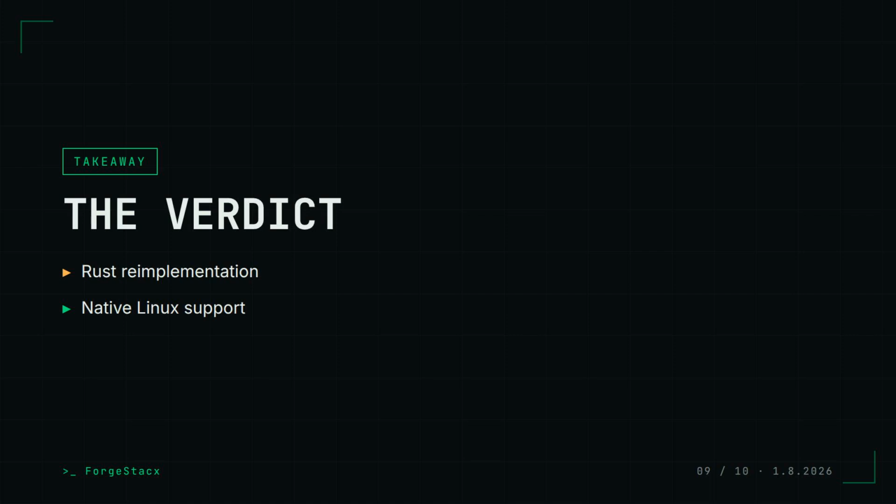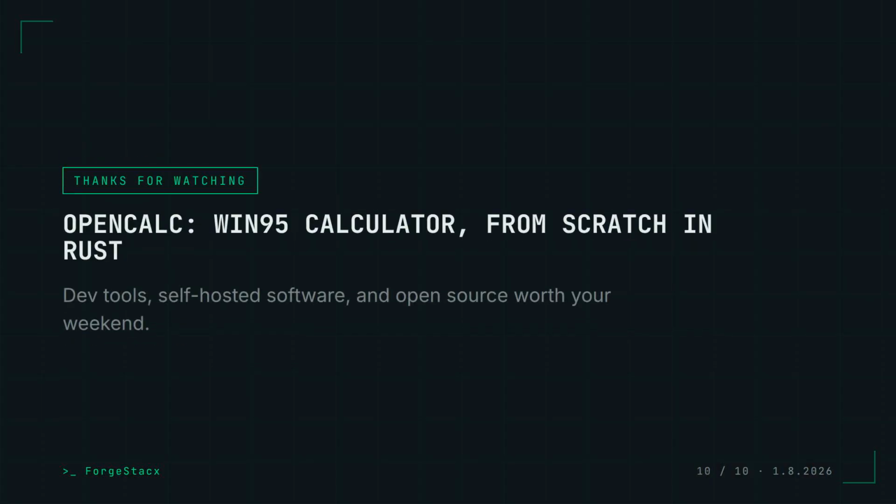It is MIT licensed, so you can study the code, modify it, and run it on your own systems. The project currently has 7 stars on GitHub and is actively maintained. If you are someone who appreciates small, focused open-source projects that solve real problems without turning into a platform, this is one to watch. That is OpenCalc for you.